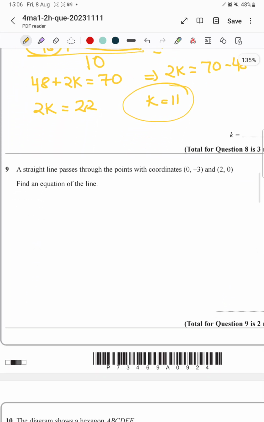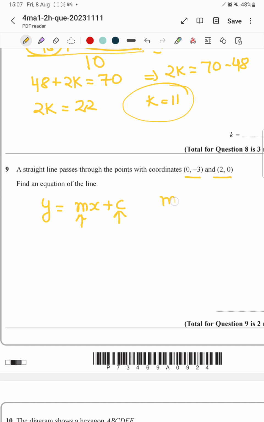A straight line is passing through the points (0, -3) and (2, 0). Find the equation of the line. Now we have several ways to find the equation of a line, and the equation of a line is given like y is equal to mx plus c, and I can see I need to find these two values.